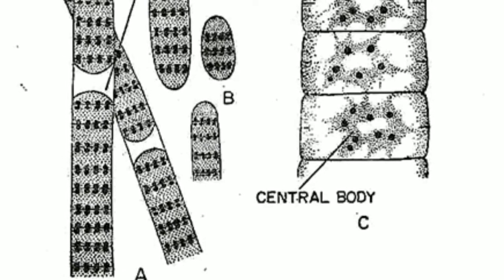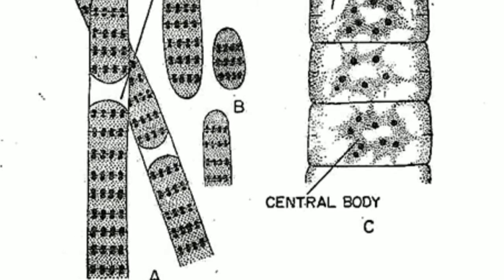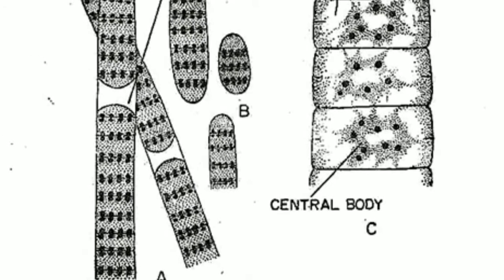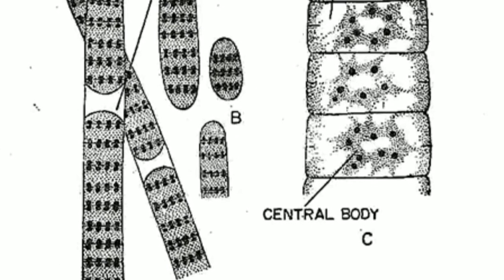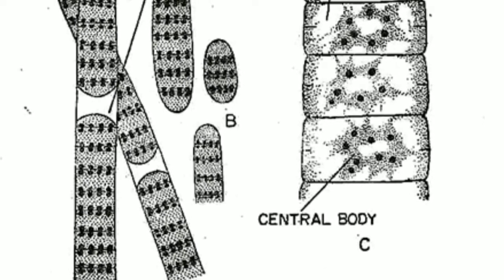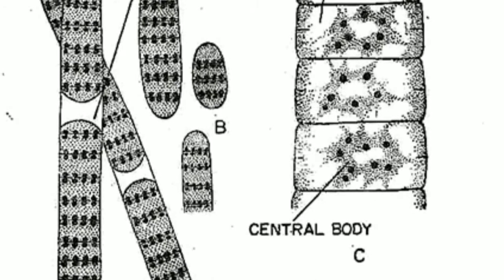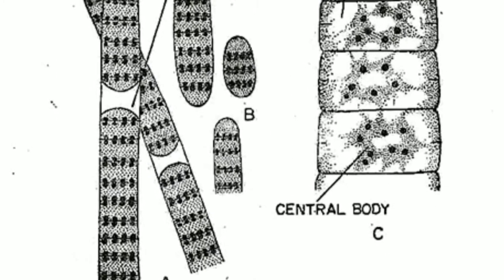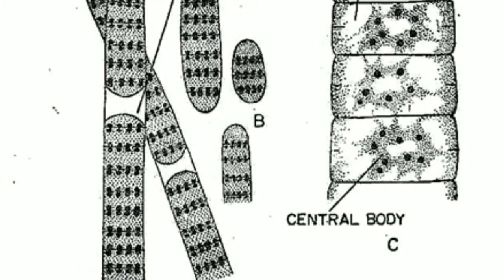It occurs within mucilage sheath, the sheath sticking to the substrate and being left behind by the advancing trichome. So as trichome proceeds, it uses the sheath's stickiness.